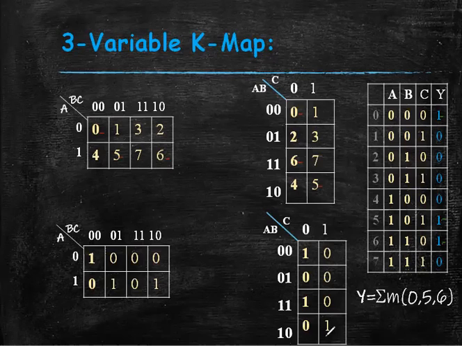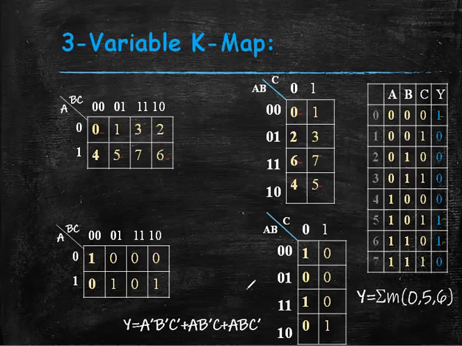And the next is A, B bar, C. We know that it is the position of 5, the position of 6, and the position of 0. Then we write the expression Y is equal to A bar, B bar, C bar, or A, B bar, C, or A, B, C bar.